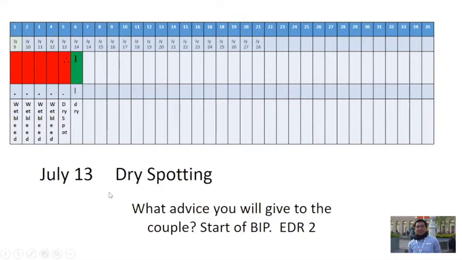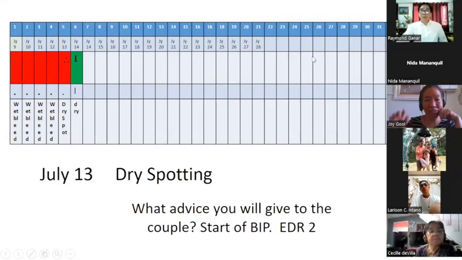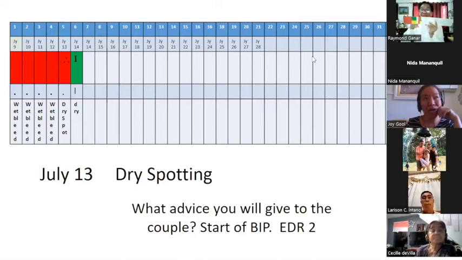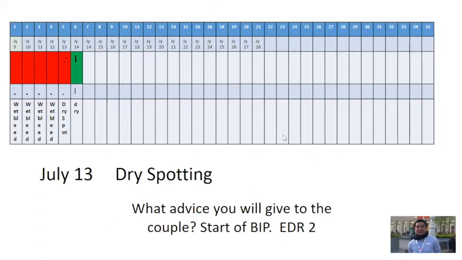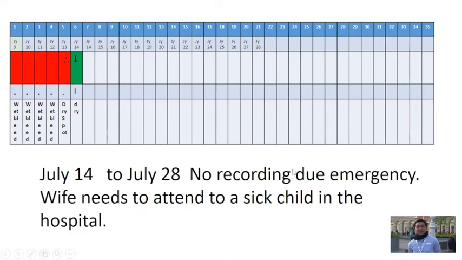The couple decided to have intercourse on July 14 at night. So if there is an intercourse, the following day, seminal fluid. The symbol of seminal fluid will be what? Anybody? What do you think? Equal or circle? The symbol is circle because this is BIP. We only use equal or yellow color for the seminal fluid in the luteal phase, no? So circle.